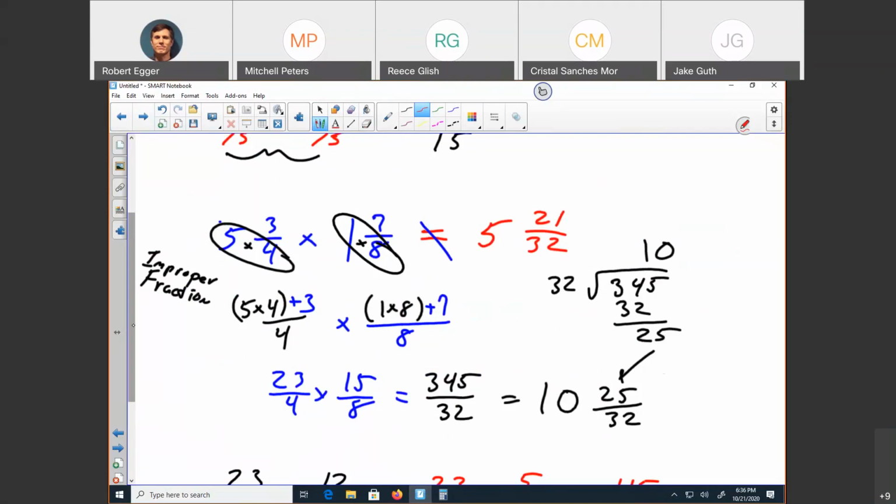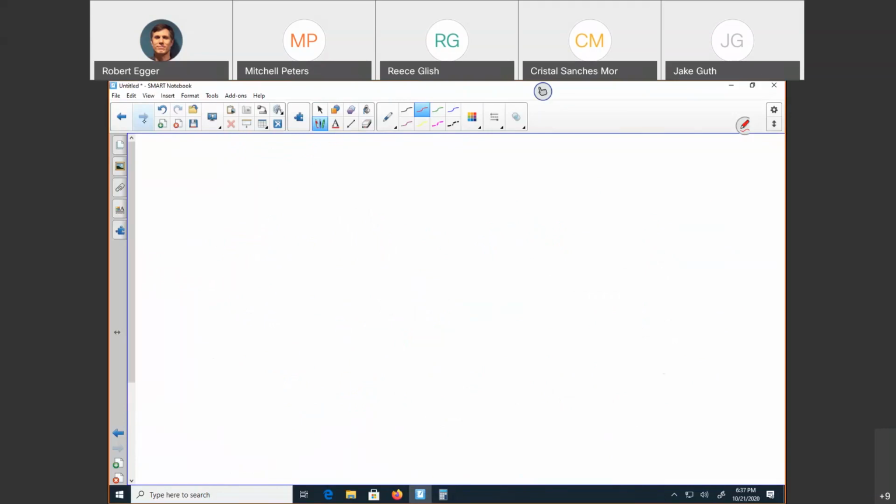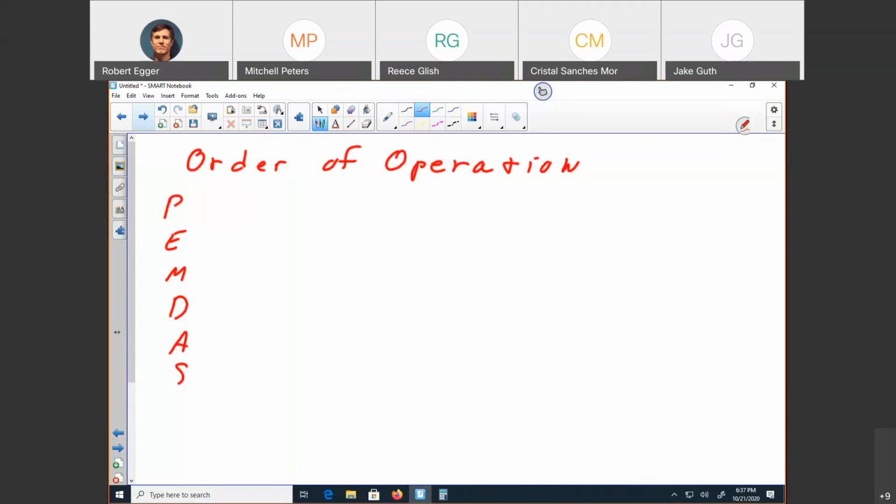All right. The last thing I wanted to highlight and emphasize, what causes problems, is order of operations. I'm sure most of you have seen the "Please Excuse My Dear Aunt Sally" mnemonic.